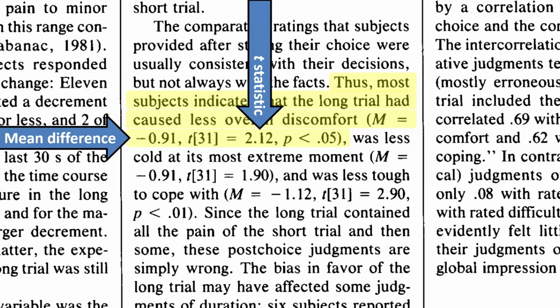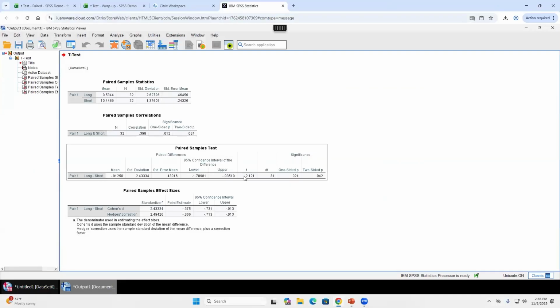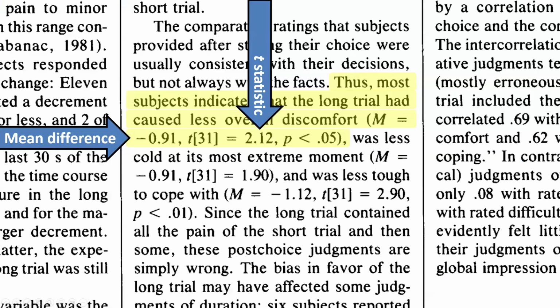And one thing that you might be noticing is, well, wait a second. When we did our SPSS, we had a negative t-statistic, right? We had a negative mean difference, and that ended up having a negative t-statistic. That's how t-statistics work. And yet here in the report, he has a negative mean, but he has a positive t-statistic.